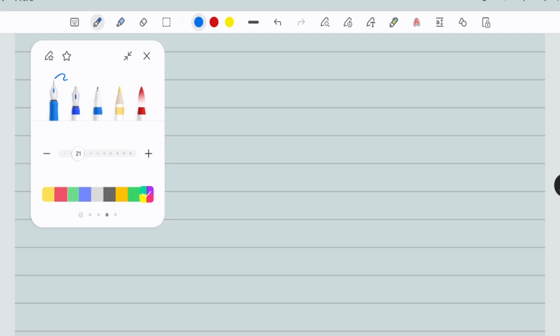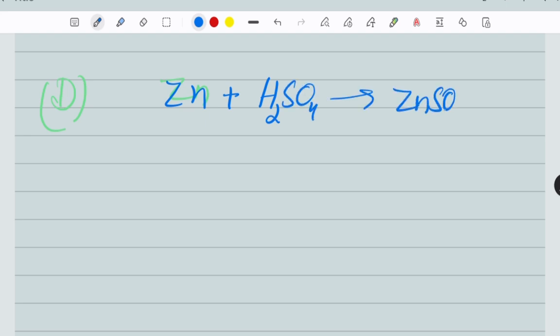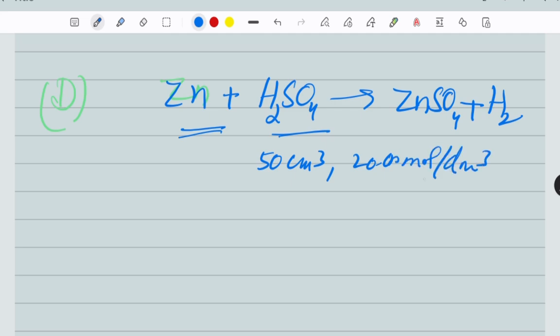For this D, we have the equation Zn plus H2SO4 gives zinc sulfate plus hydrogen gas. First of all we have to check what is given to us. Sulfuric acid values are given: 50 centimeter cube and 2.0 mole per decimeter cube. Meaning volume and concentration are given to us.